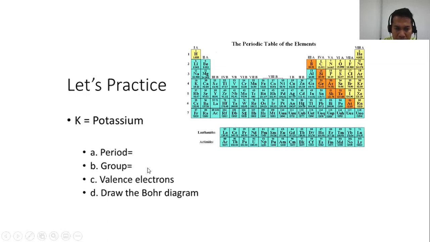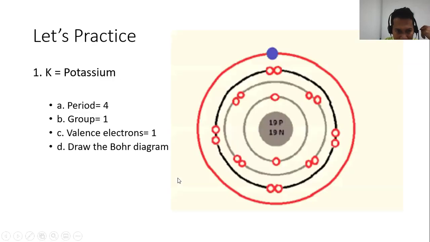So we are expecting to have how many rings? If this is in period 4, we are expecting to have 4 shells, and we are expecting to have 1 valence electron because this is group 1. Okay, let's check your answer. Okay, here we go. So period 1, 2, 3, 4.